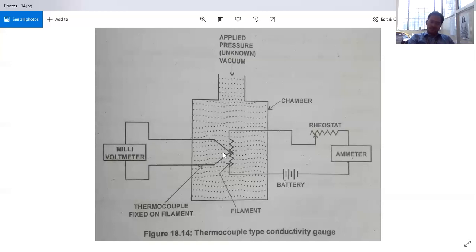This temperature change is because of the applied pressure, which in turn causes the change in density of this material. That is the reason the temperature of this filament will change. Based on this, we determine the pressure of the applied measurand. So this is the principle and the basic operation that takes place.